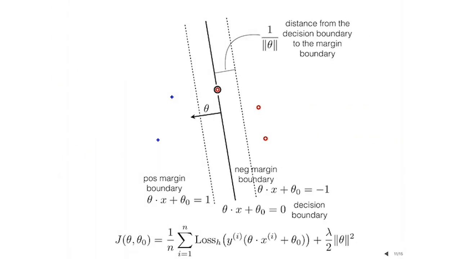Here we have a negatively labeled point. We already discussed points that lie exactly on the decision boundary incur hinge loss, which is exactly 1. Now a point that goes beyond the decision boundary to the wrong side of the decision boundary. So this negatively labeled point now lies on the positive margin boundary.